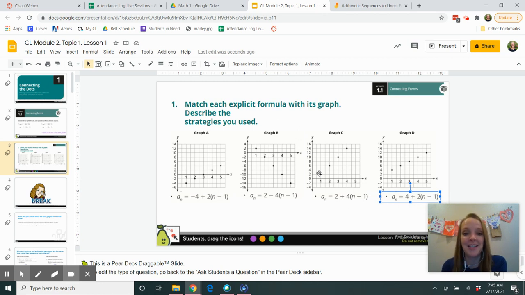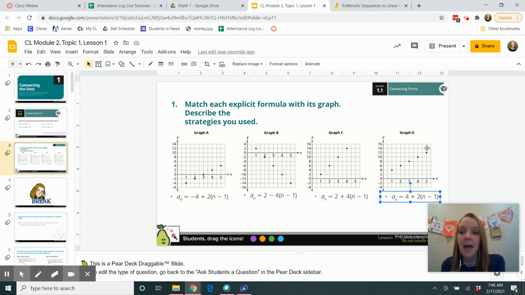I should have pretended like I did that on purpose, but I didn't. So when x was 1, y was 2 because the first term of this sequence, I know it from the equation right here, it's a 2. And then every single time our sequence is getting bigger by 4. We're adding 4 every single time. How do I know that? It's right here. It says +4.